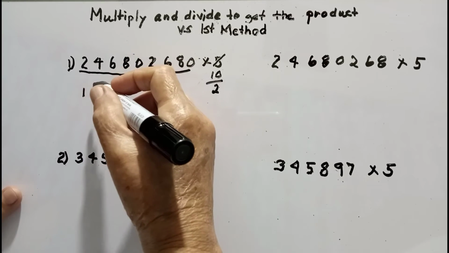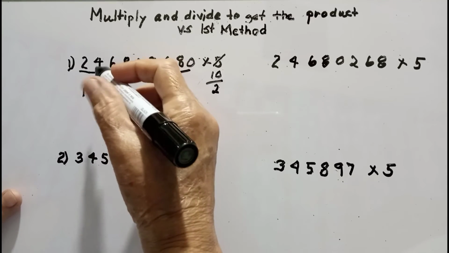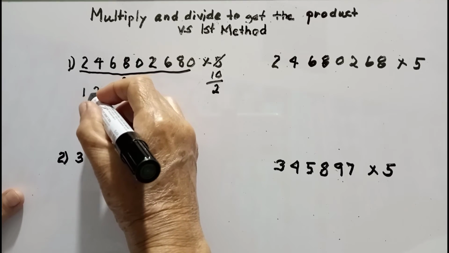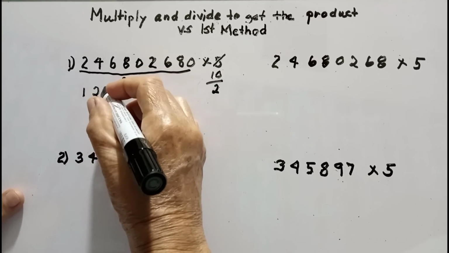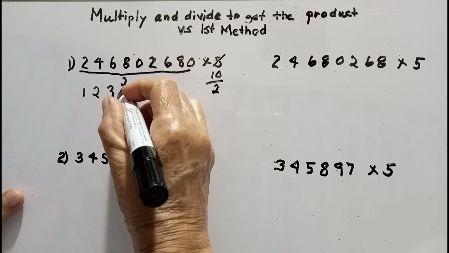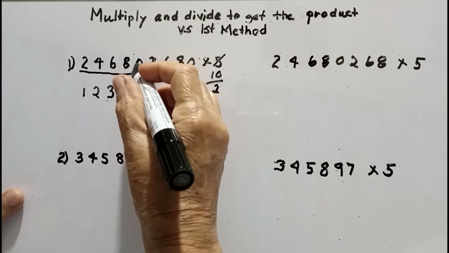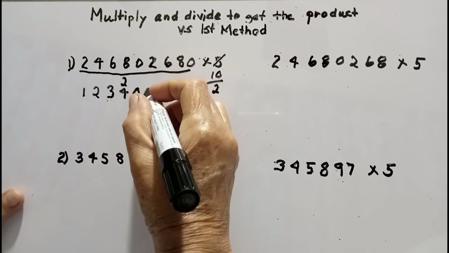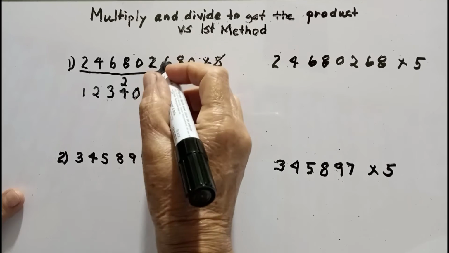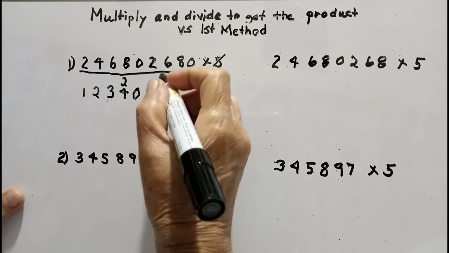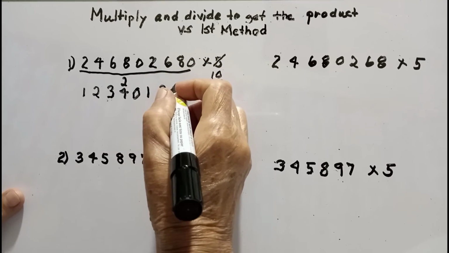Remember, always write the answer right below the number that you are working with. 4 divided by 2 is 2. 6 divided by 2 is 3. 8 divided by 2 is 4. 0 divided by 2 is 0. 2 divided by 2 is 1. 6 divided by 2 is 3. 8 divided by 2 is 4.